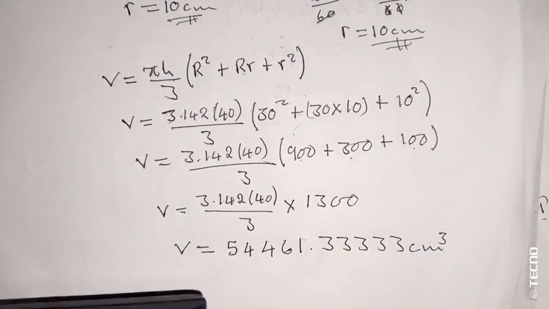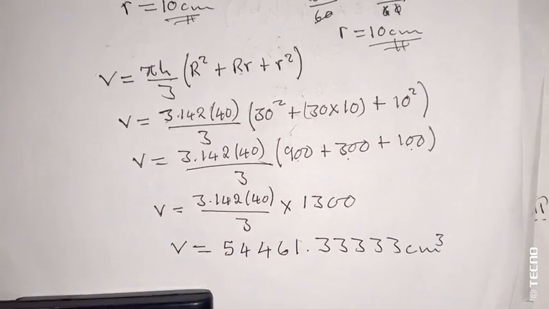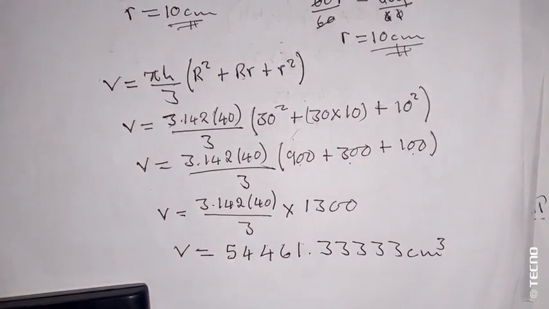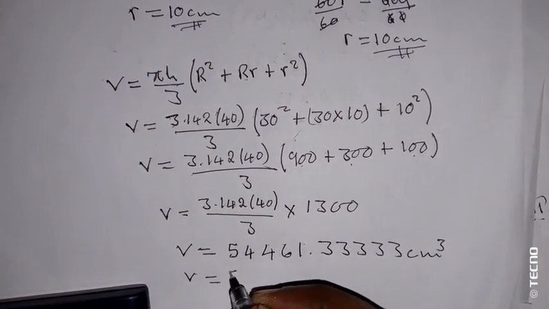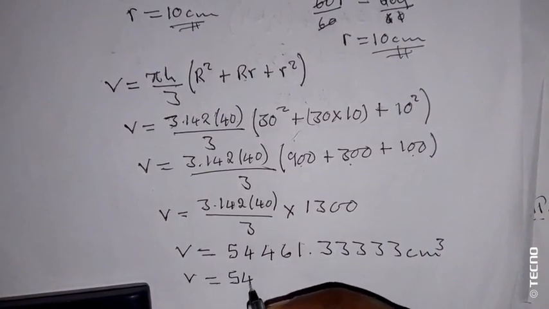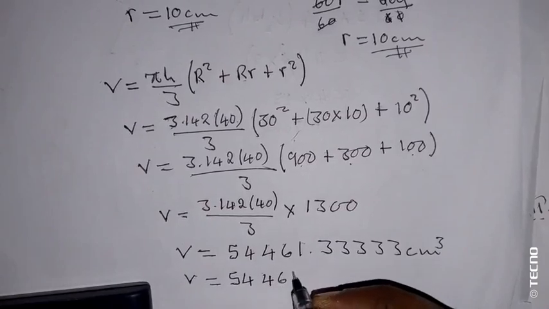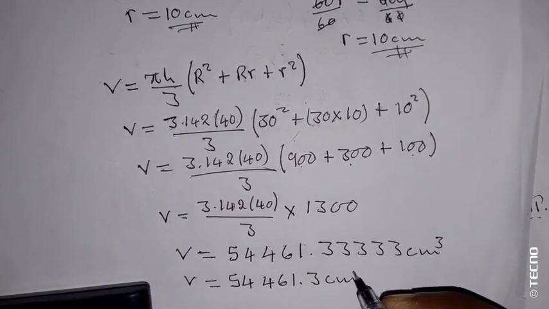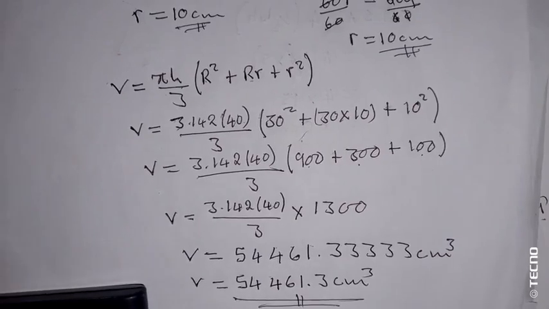Now we can round off this answer to the nearest one decimal place. So here our answer will be V is equal to 54,461.3 centimeter cube. So this is our volume.